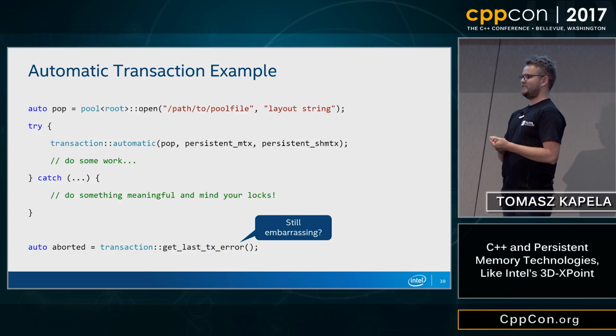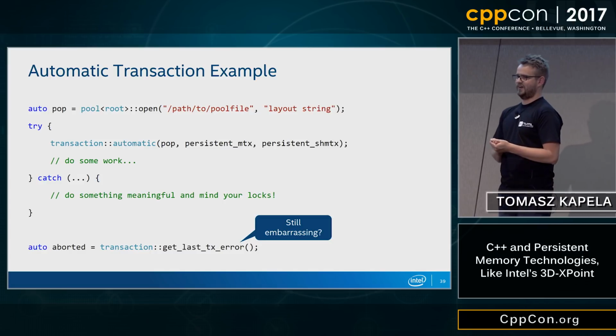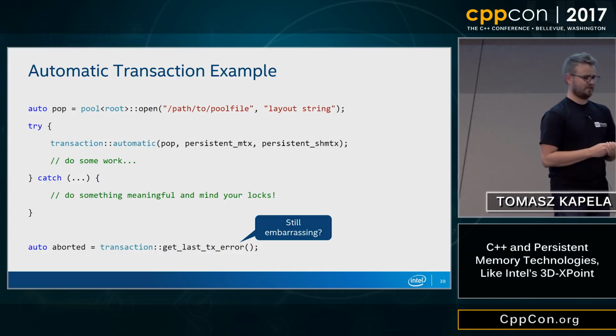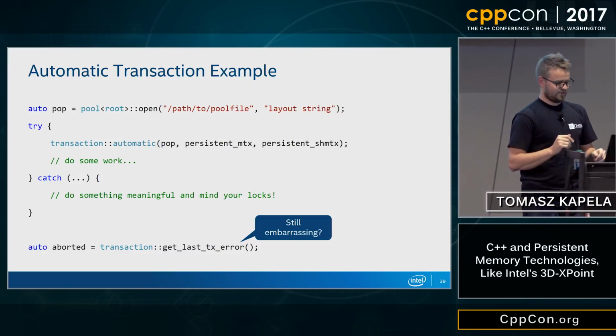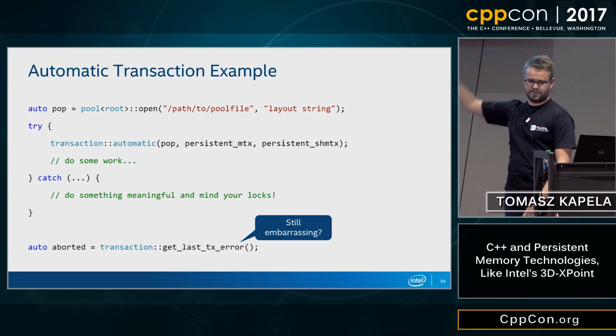And I'm like 95% sure. If someone gives me a reason why I shouldn't do that, I'll be happy to close the pull request. And I don't know, go into the corner and cry. Because I'm gonna say, don't use automatic transactions as well.